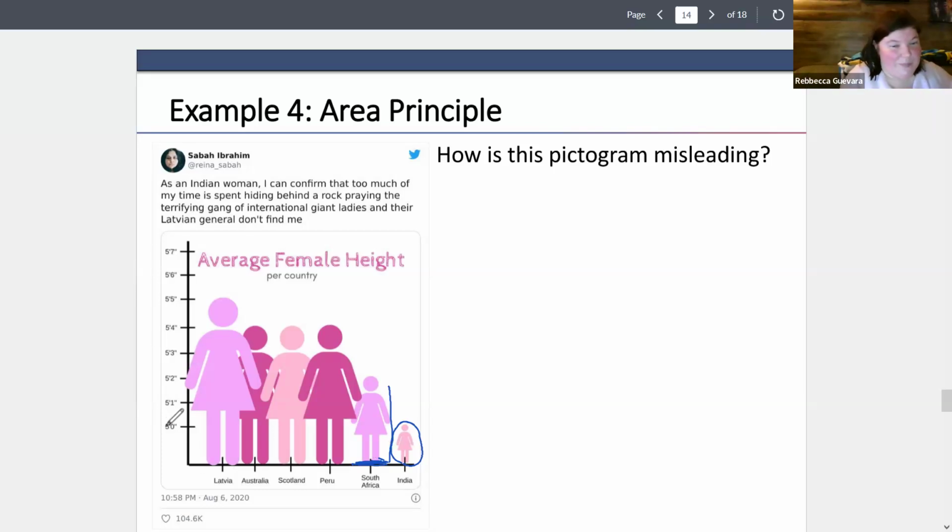The other problem is this is definitely not 0. If I was to make a guess, maybe 4 feet 10 inches here. So we're not bottoming out at 0. This graph violates not only the area principle but also the vertical axis principle.